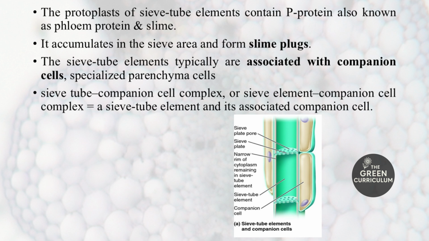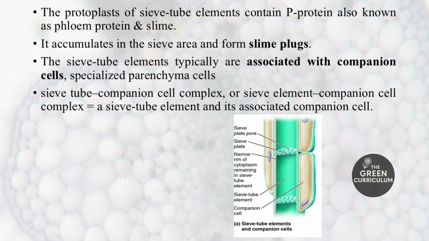Together they form slime plugs which accumulate in the sieve area if a sieve tube member gets damaged or infected, so that the damaged or infected sieve tube member will be isolated from other members by the accumulation of slime plug at the sieve plate.